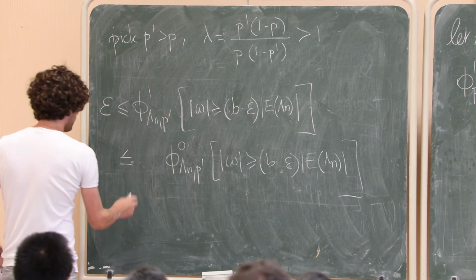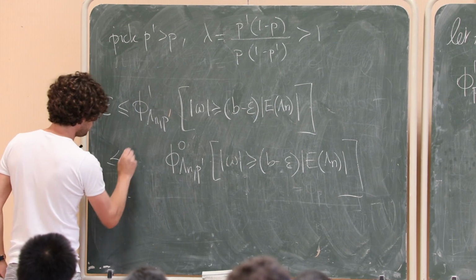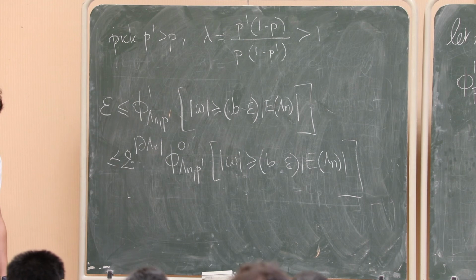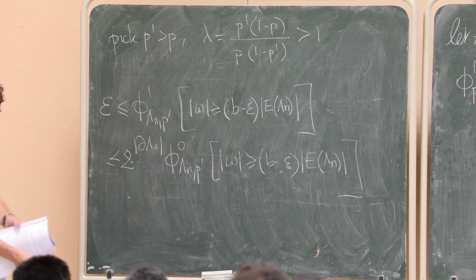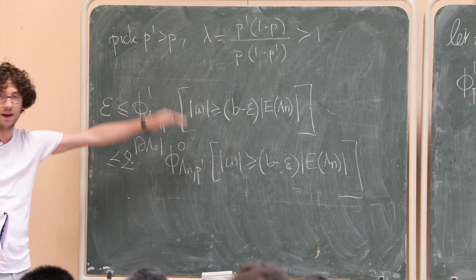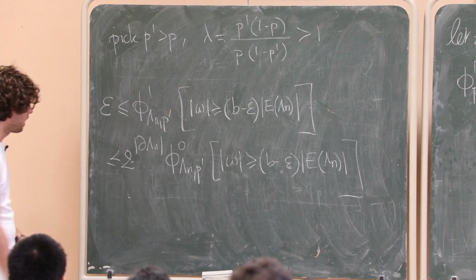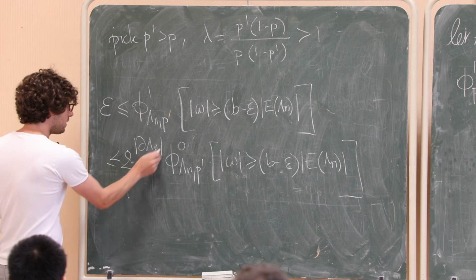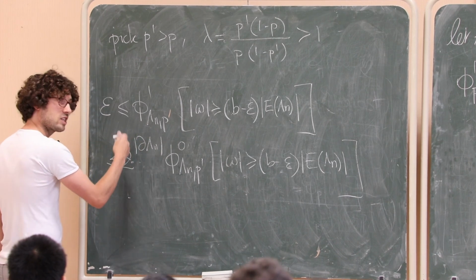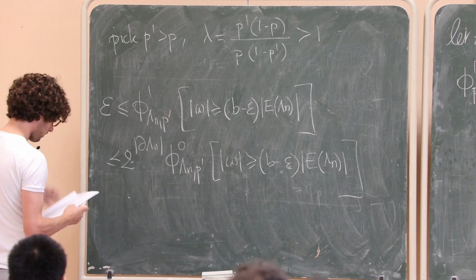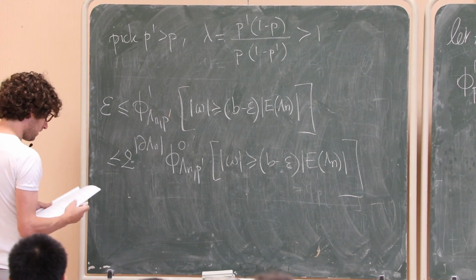So if I want a bound here, I can put 2 to the size of the boundary. If I put 2 to the size of the boundary, I'm certain to be able to compare the two quantities, right? What is going to be crucial is that this is of the size exponential of the size of the boundary. Okay? So now we are with phi 0.